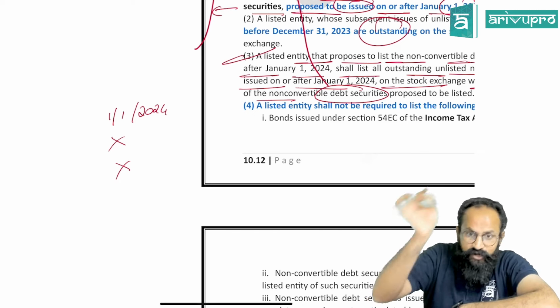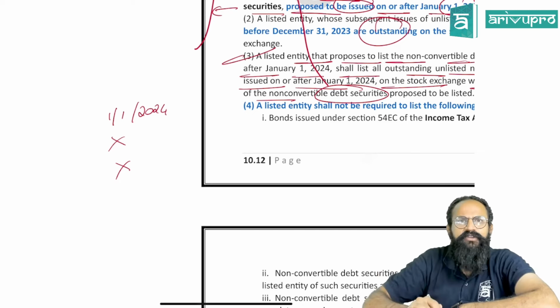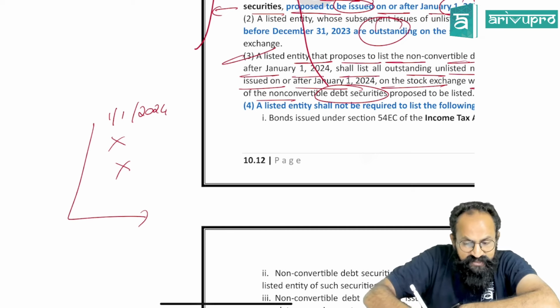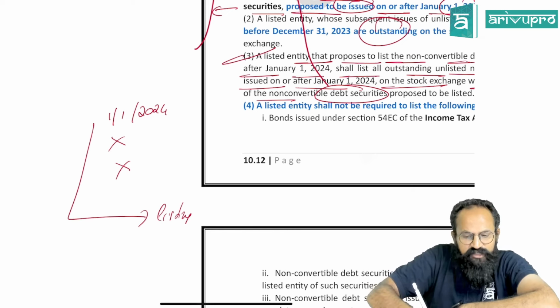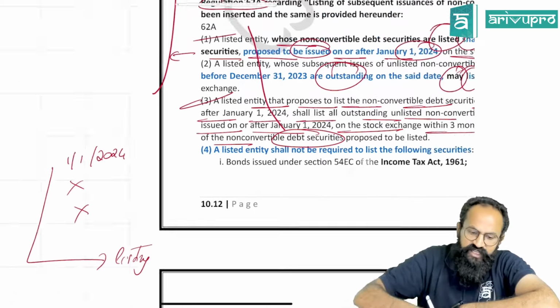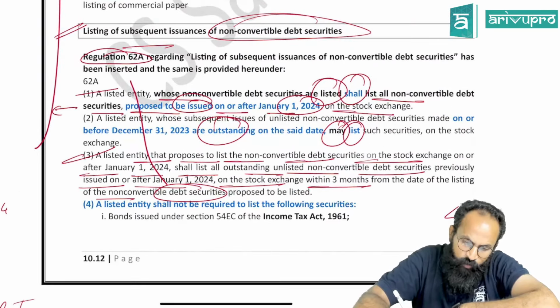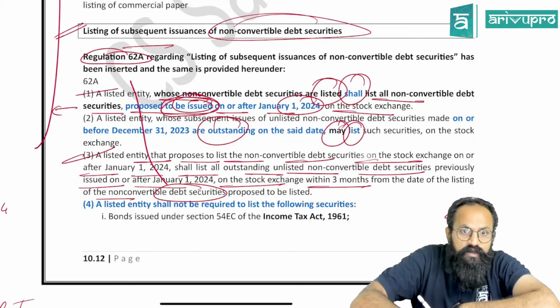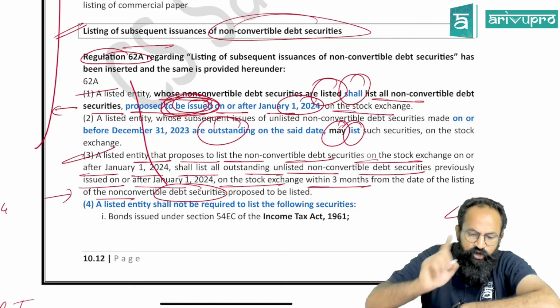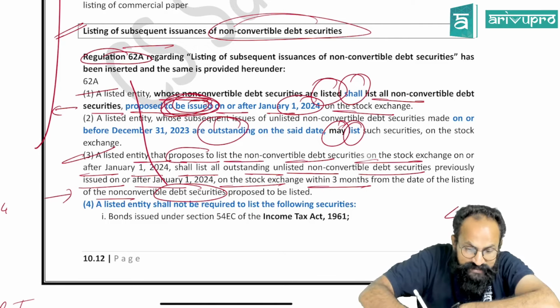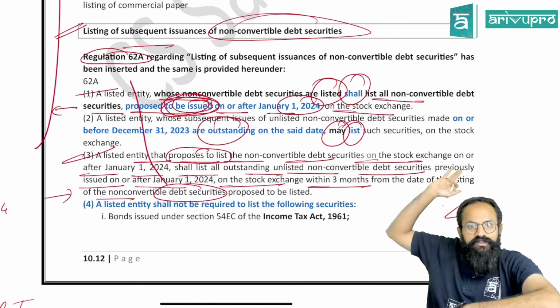Now whichever is already existing, imagine you have done private placement, you want to list these existing non-convertible debt securities. Here they are telling you, if you are proposing to issue new shares, that is an issue. The second thing they're telling you, you're not issuing, you just want to list, which was already issued.